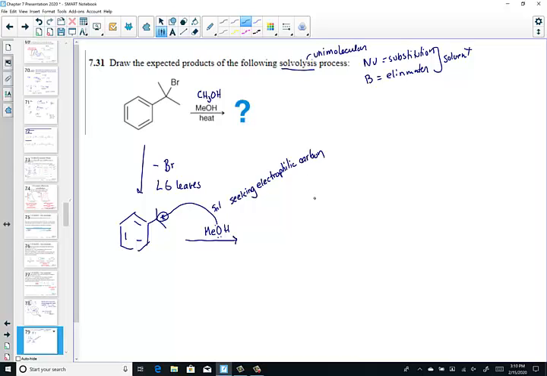And when it does so, the substitution then forms this product. Notice here, we would now still have those two methyl groups, but we have an oxygen that's still protonated, and there's your Me, the methyl group from the methanol.